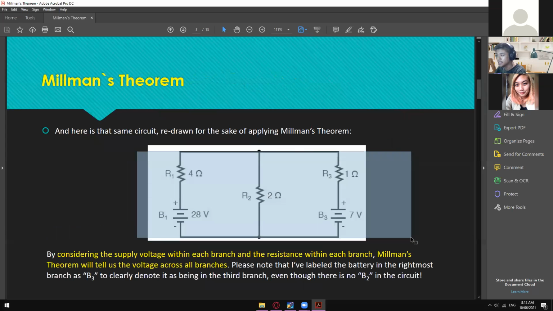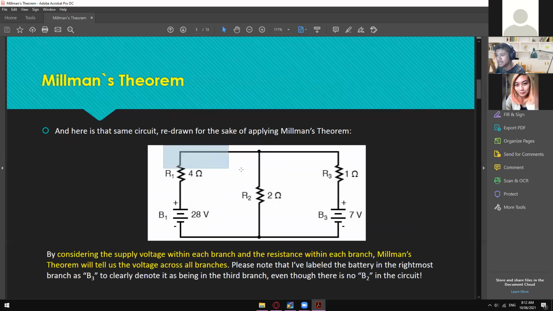Meaning this one has an 8 volts voltage that is applied in the first branch, second branch, and then the third branch. So you can already use that one to deduct the voltage on each branch to get the potential voltage of each branch.